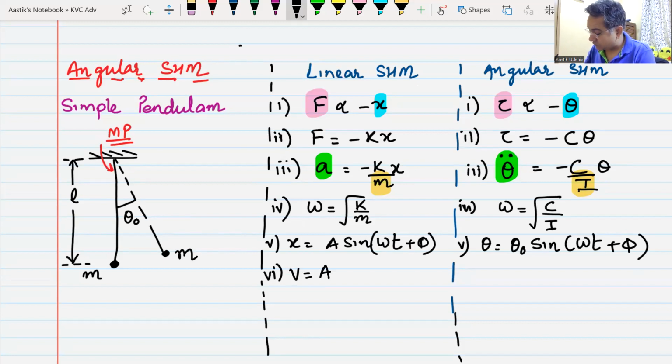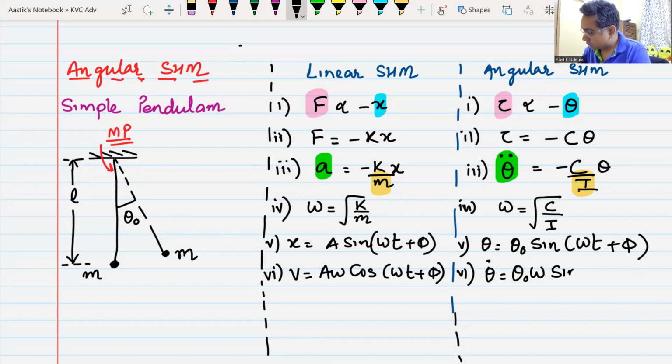V is equal to a omega cos of omega t plus phi. Here I will get theta dot is equal to theta naught omega cos of omega t plus phi.